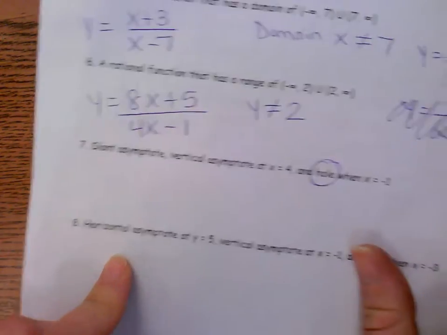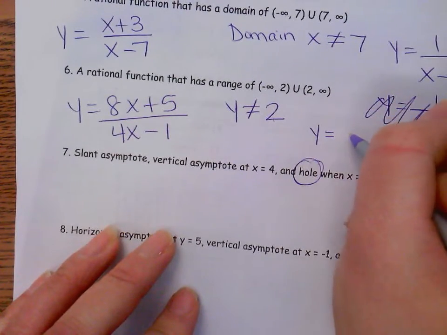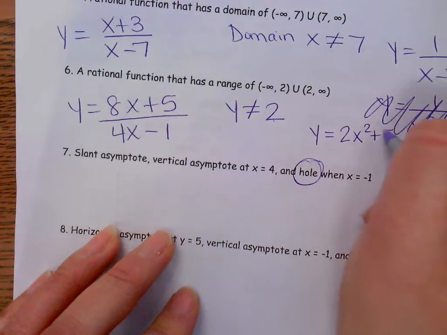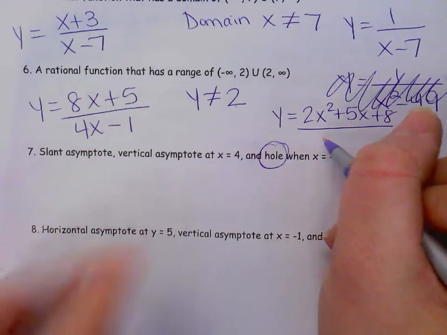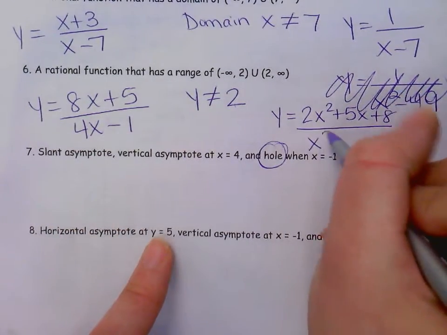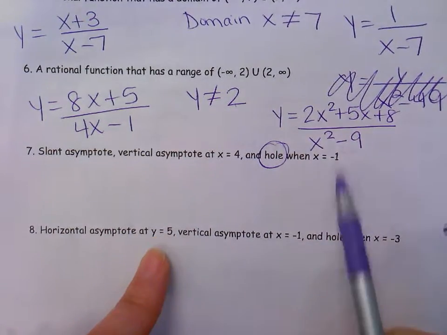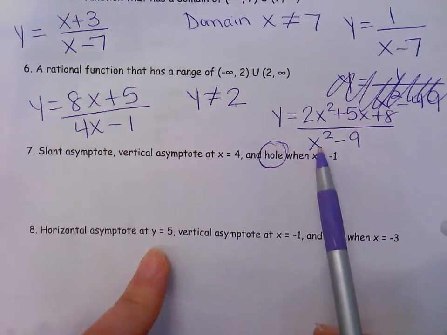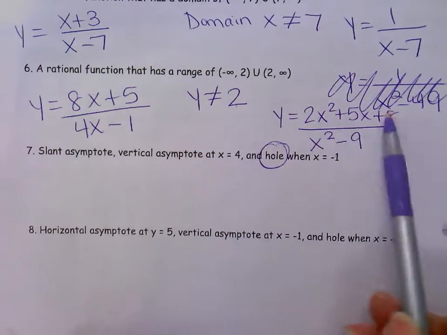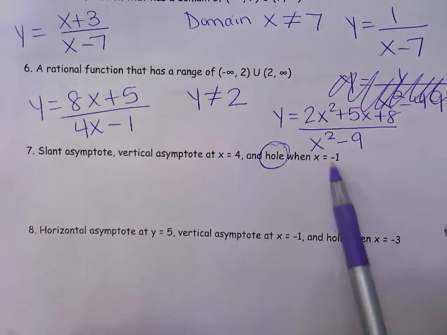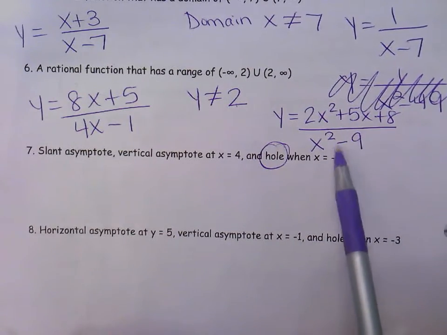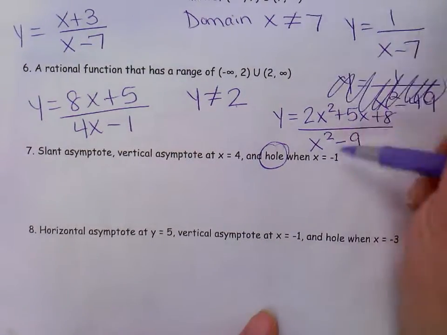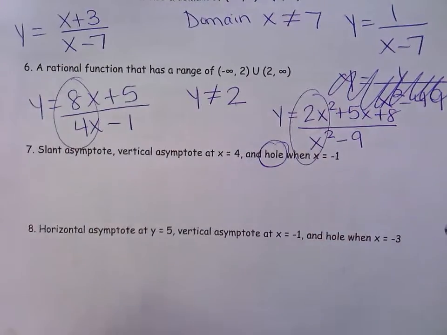So you could have y equals 2x squared plus 5x plus 8 over, it has to be a quadratic, so I could say x squared minus 9. So 2x squared over 1x squared gives me 2. Make sure, obviously, that things aren't going to factor and cancel, but that doesn't factor. Does that make sense? You're stripping those coefficients and getting a ratio of 2.